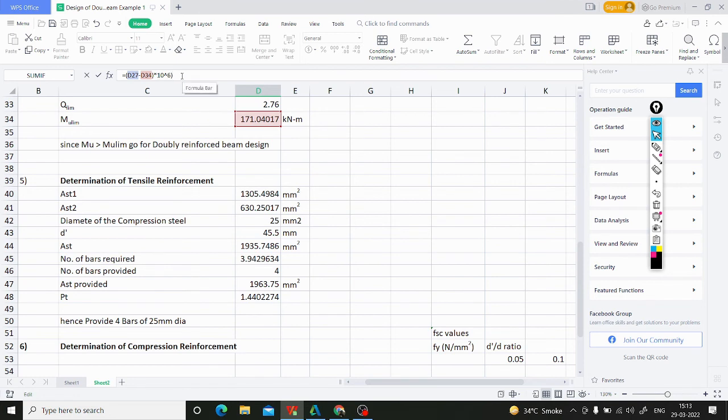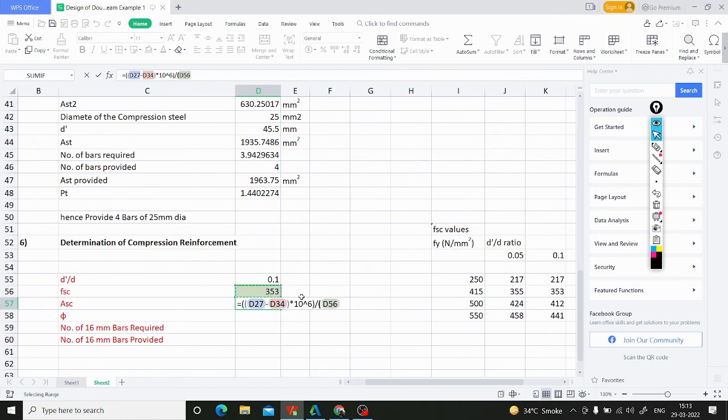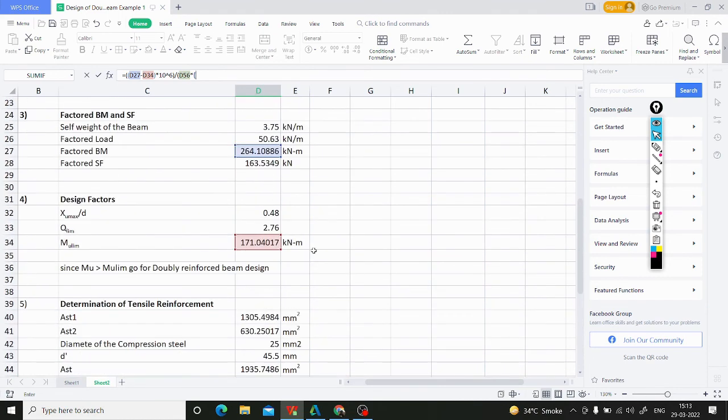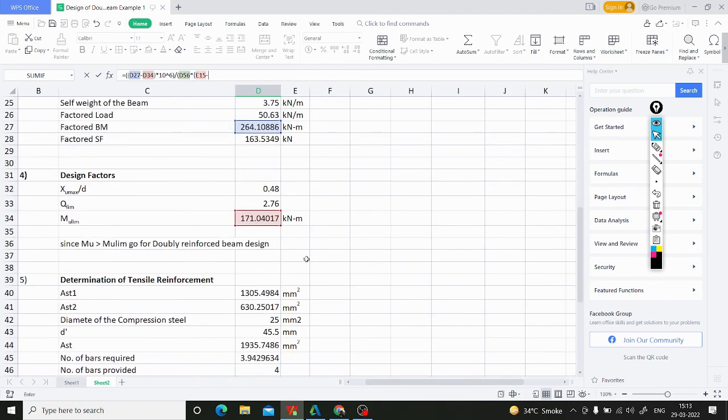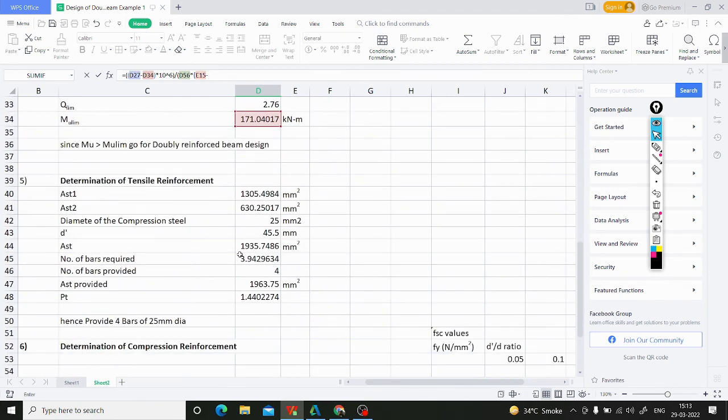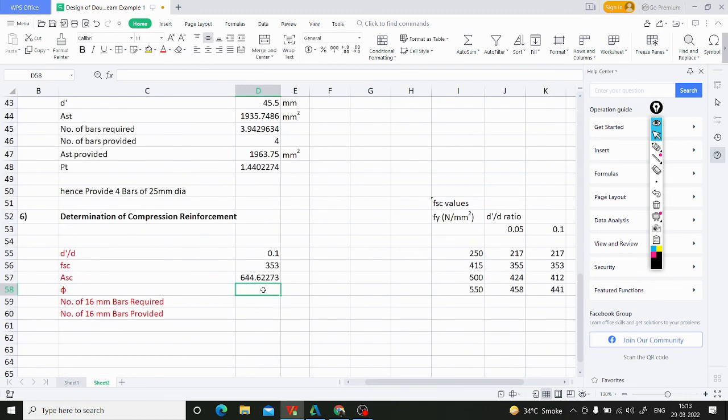Again one more bracket we can take here, divided by FSC. FSC value we know, FSC into bracket (d minus d dash). d is the effective depth minus d dash. d dash is the effective cover to the compression steel. So here we are getting 644.62 mm square as a compression reinforcement.